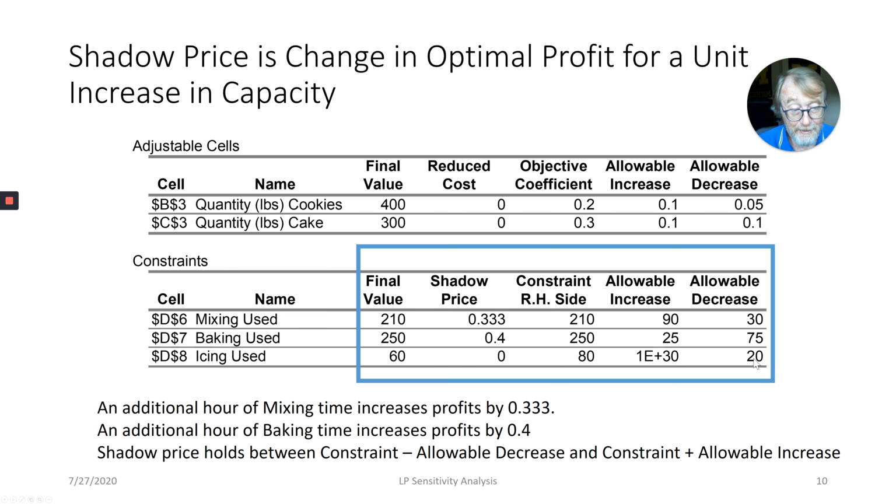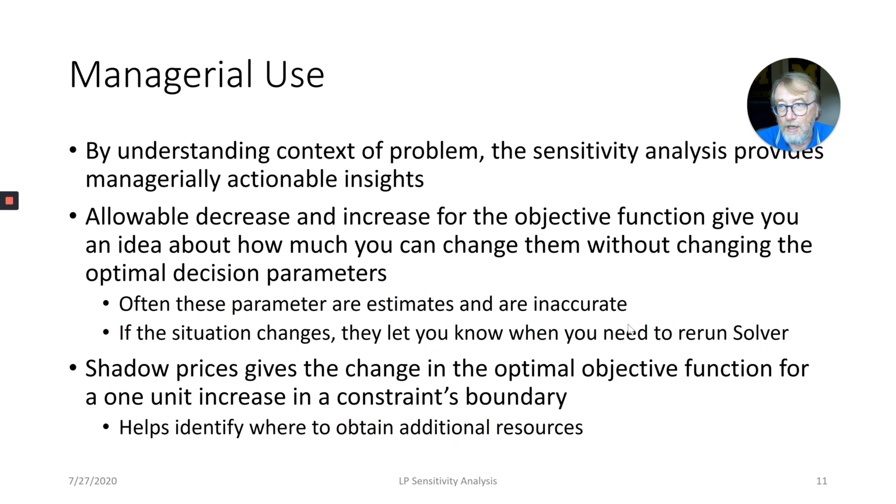If I go less than 20, go from 80 down to, let's say 50, decrease it by 30, then icing would become binding, and then mixing would become slack, right? So if you change these by too much, your feasible region changes by too much, and you just have to rerun Solver to get the answer. Okay, great. Thanks very much.